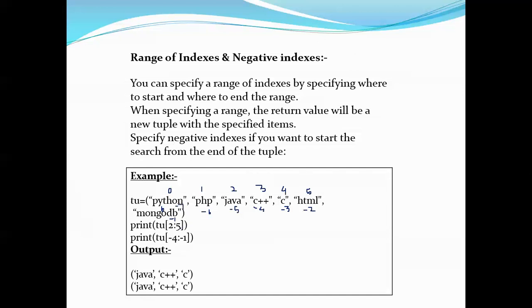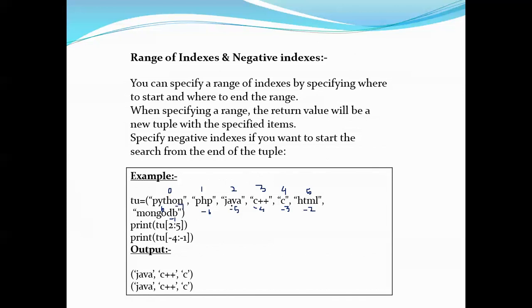So if I need to group them using a range, I can specify the start index and end index. My start index is 2, so it needs to start from Java and proceed until 5, that is HTML. But we know that when I specify the range operation using slice, I will not take the last index into consideration.